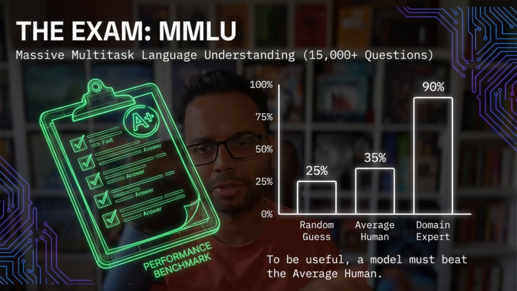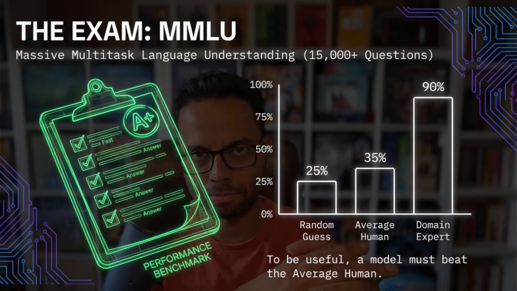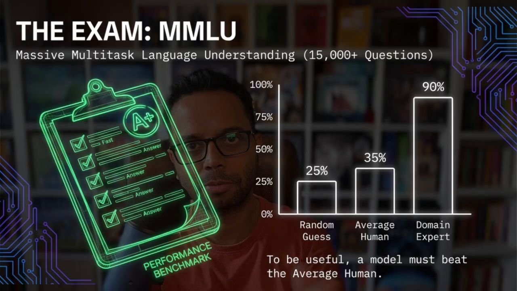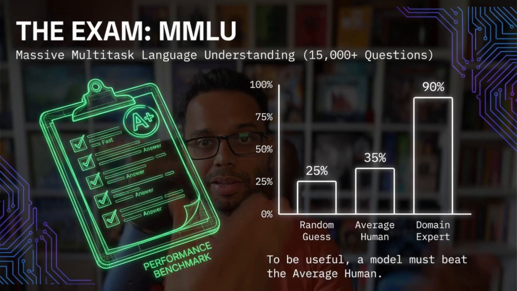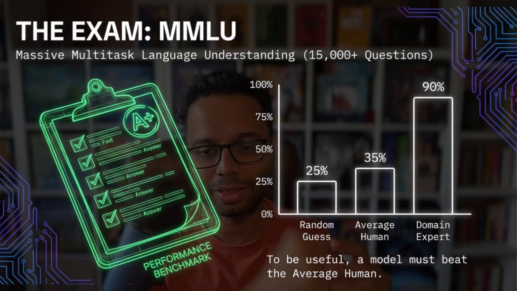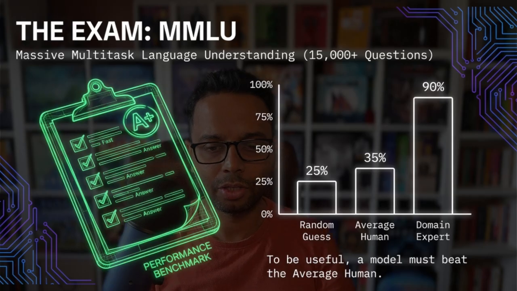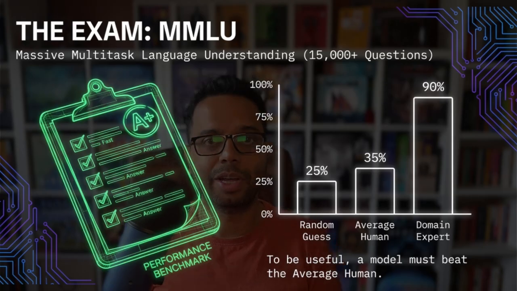And a domain expert or a cluster of domain experts sitting together can get up to 90% correct answers. So that is the benchmarking, and to be useful, a model must beat the average human, which is basically 35% of the cases, whenever we are trying to create a new language model.